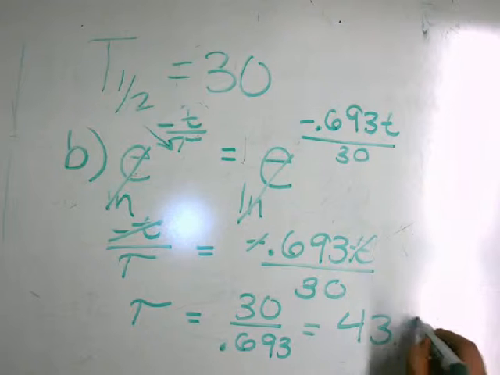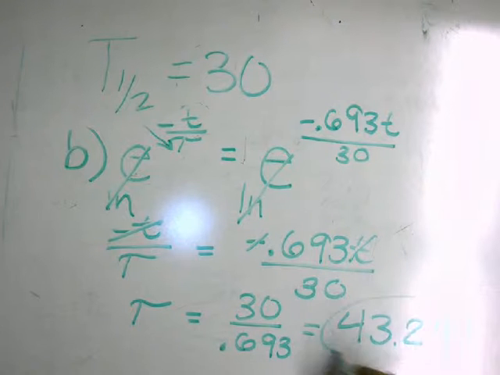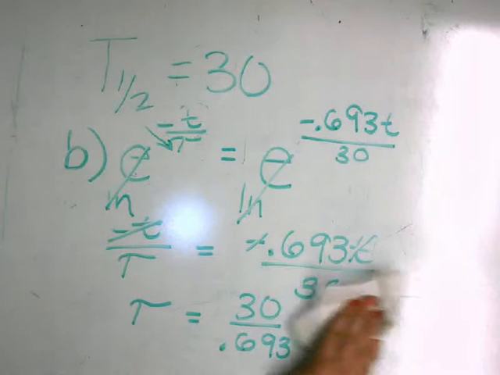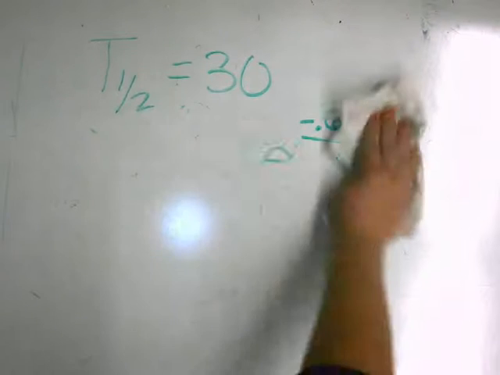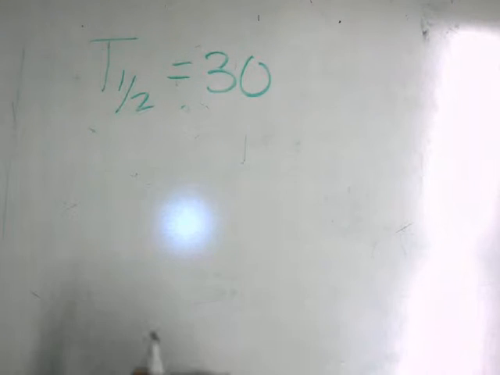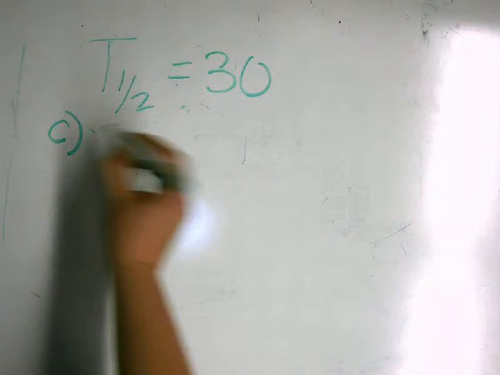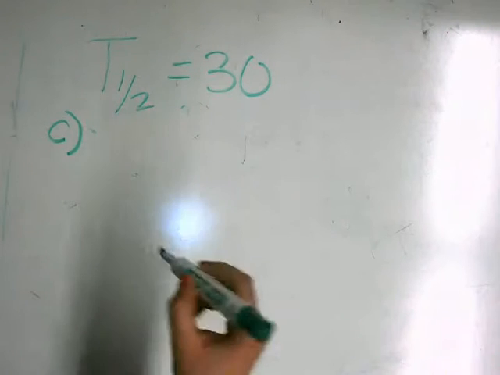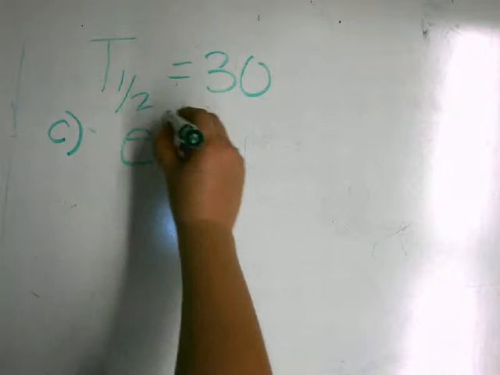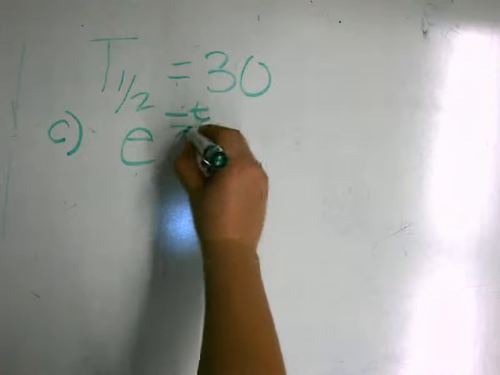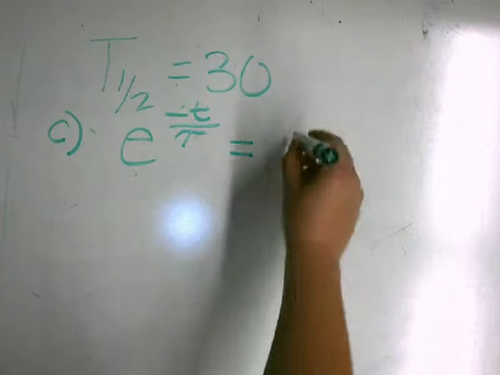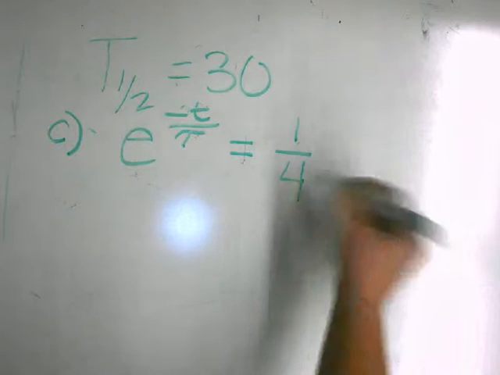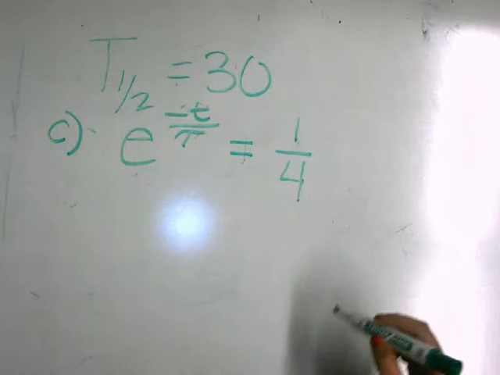Okay, now we're going to move on to C, where we calculate the amount of time taken for 3/4 of the original number of atoms or mass to disintegrate. Now we finally get to apply one of these equations. We're going to use the e raised to the negative t divided by the average lifetime, just because we recently calculated that. Now, that would be equal to 1/4, because if you think about it, if 3/4 has decayed, that means if you started with 100%, 25% would be left.